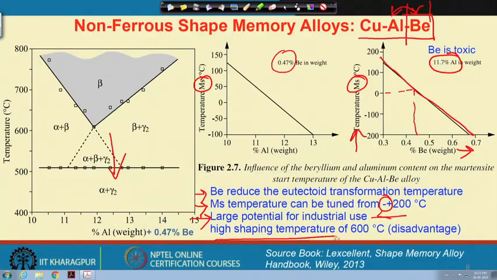Also, we need to shape this alloy above 600 degree centigrade, to avoid formation of beryllium containing compounds. This is a general disadvantage. So far we have discussed two major systems, one is copper zinc, another one is copper aluminum.